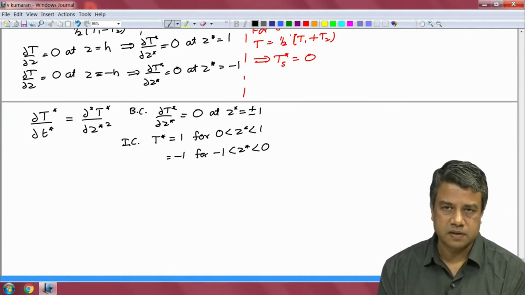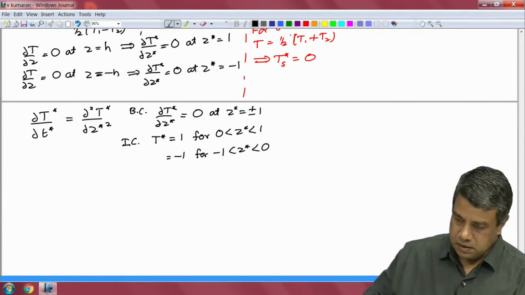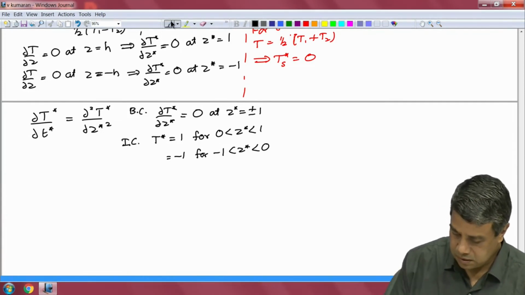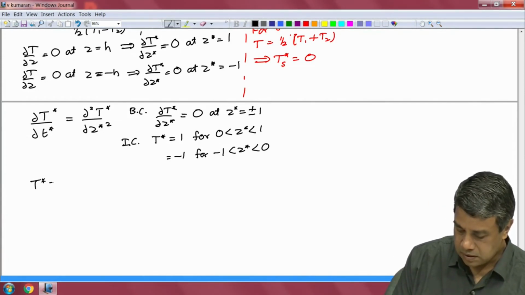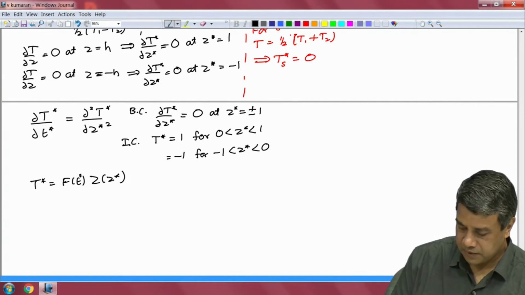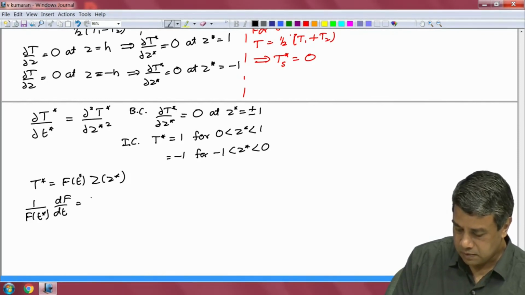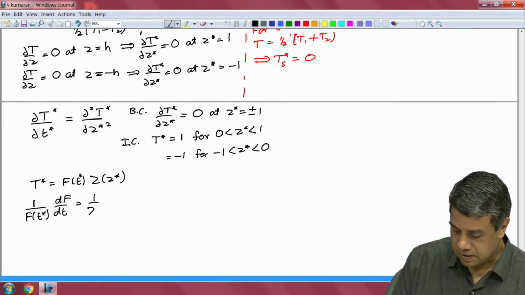Separation of variables procedure. T star is equal to f of t star times Z of z star. The equation becomes 1 over f df by dt star is equal to 1 over Z d square Z by dz star square.